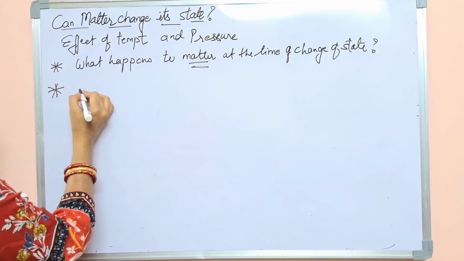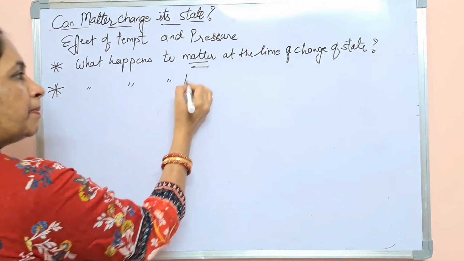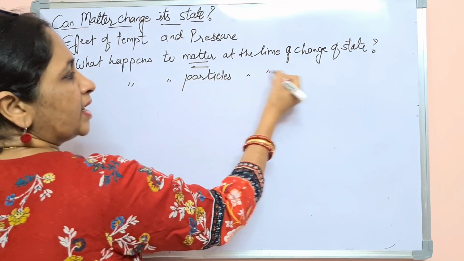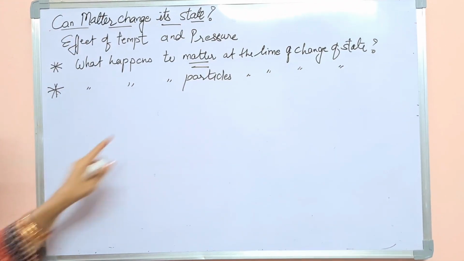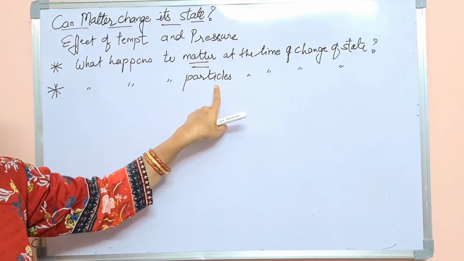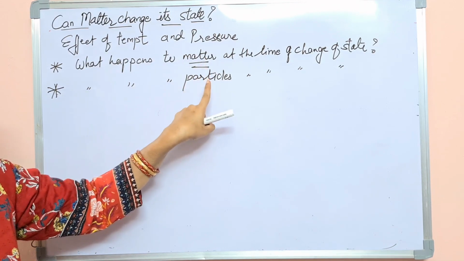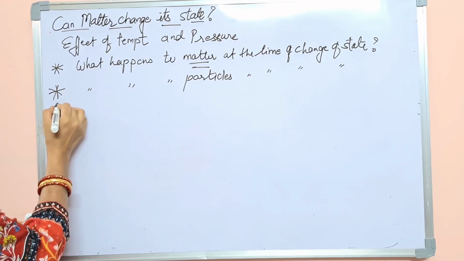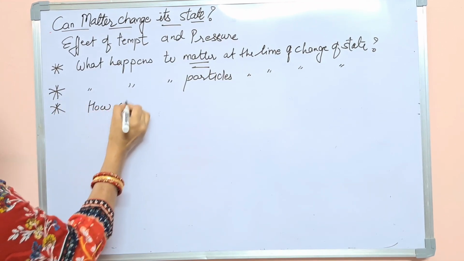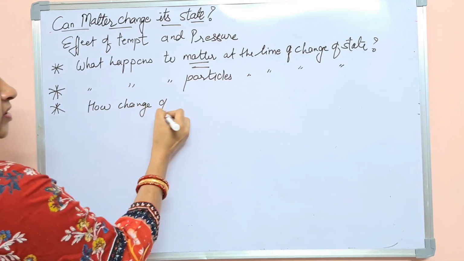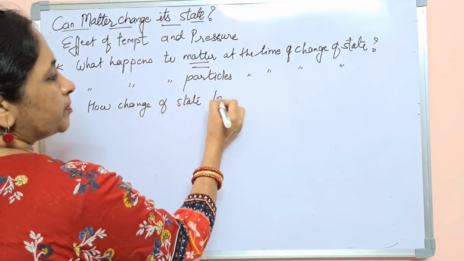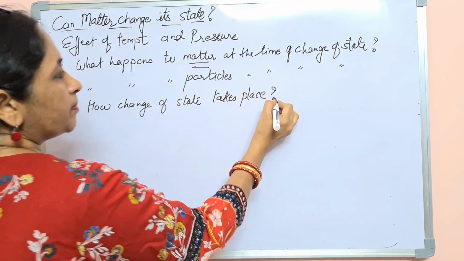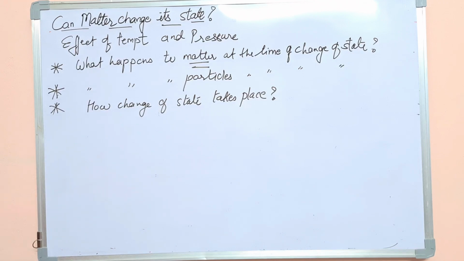Second, what happens to the particles at the time of change of state? Because you know that matter is made up of particles. So first, what happens to the matter, and next, what happens to the particles. ठीक है. And then next, how does change of state take place? So these are the three questions about this.